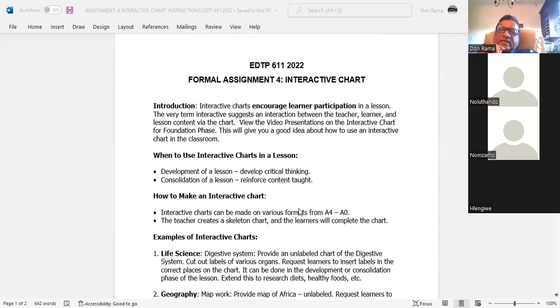Okay, so your assignment is referred to as an interactive chart. When we talk about an interactive chart, here it means that we are going to use a chart in the classroom, which you as a teacher will design, but the learners will also help to create the chart.